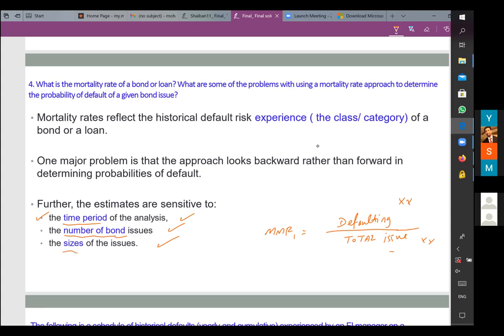And also the size of the issue, how big the issues are. These are neglected in this model, and this is one of the weaknesses. So these are the problems with the MMR.